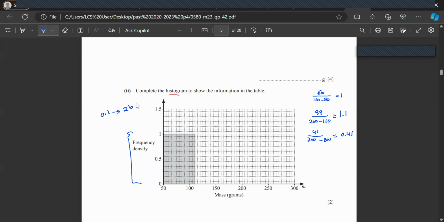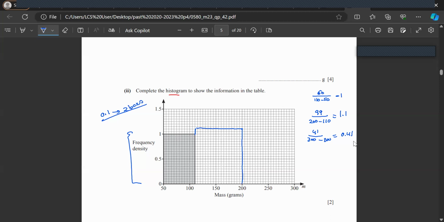So for 1.1, I will go after 1 for 2 boxes, then go till 200, like this, of course, by the ruler. Then draw the line like this. Then from 200 to 300, it is 0.41.